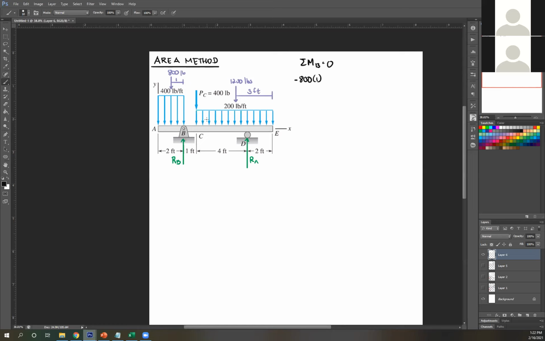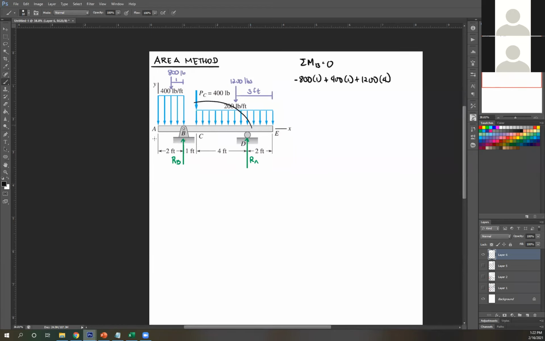Next, PC. So PC about B is clockwise, so plus 400 times distance between them, it's 1 feet. Next, your point load, 1,200, again clockwise, so plus 1,200 times distance. This is 3, then you got an additional 1, so 4.